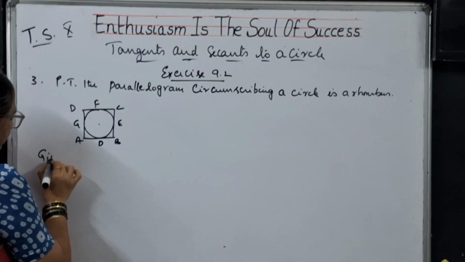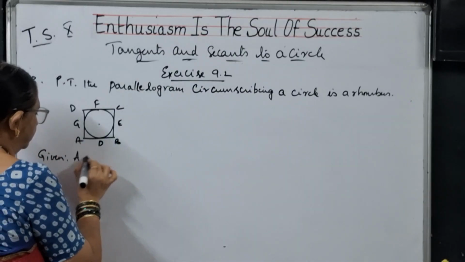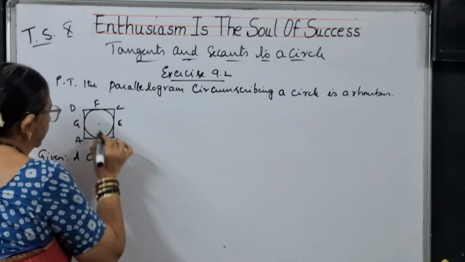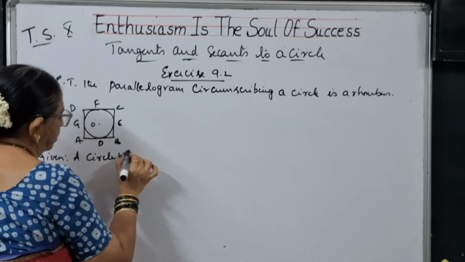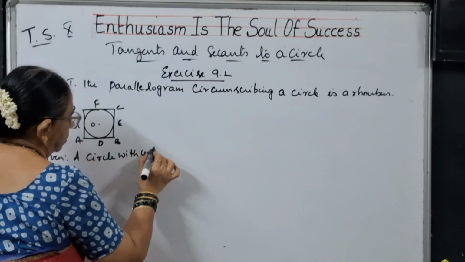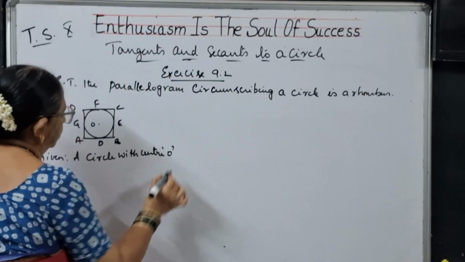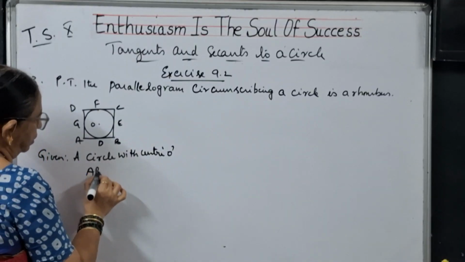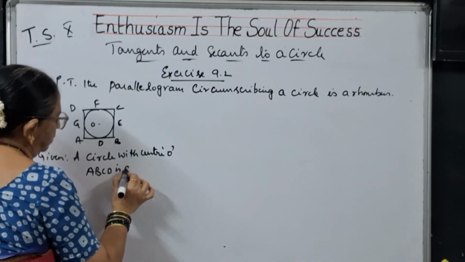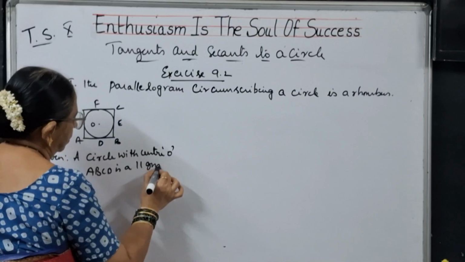So, what is given to us? A circle with center O, and ABCD is a parallelogram.